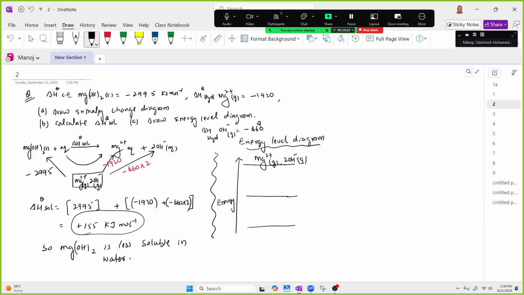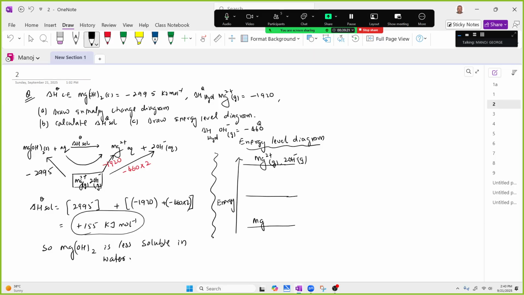Sir, would it be the aqueous ions? Because the solution has to be positive, right? Yes, positive, the arrow goes up. I hope everyone understood the logic.